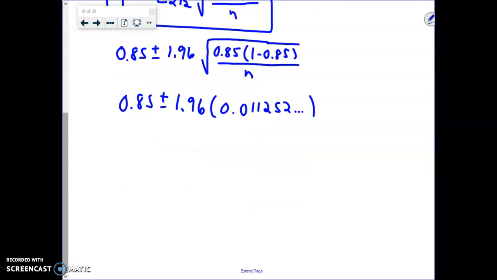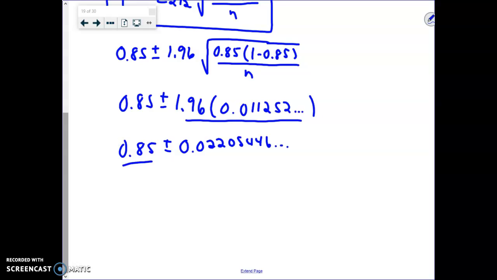So if we keep going, 1.96 times this amount gives me 0.02205446. Then if I take 0.85 minus this, and I round to 3 significant digits, I get 0.828.